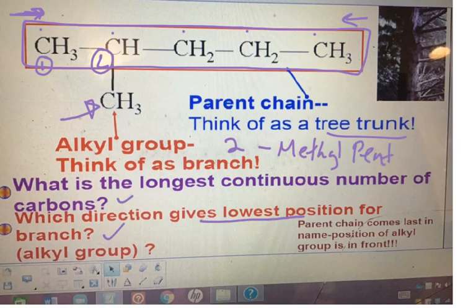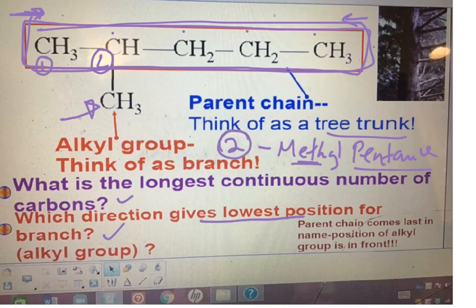What does 2-methylpentane mean? Pentane is my parent. That's these 5 carbons right here, the longest continuous number of carbons. Methyl means I have 1 carbon hanging off the side as a branch. Where is that carbon hanging off? Position number 2 on the parent. You're good to go. 2-methylpentane is your name.